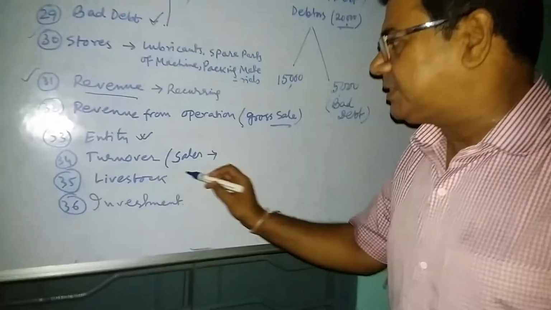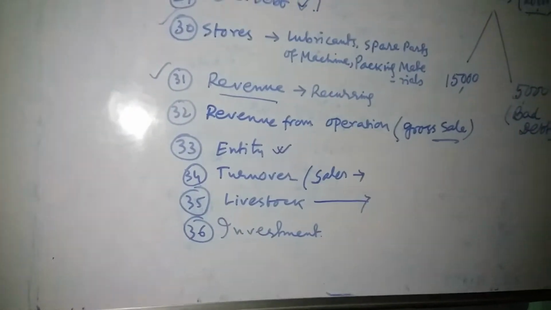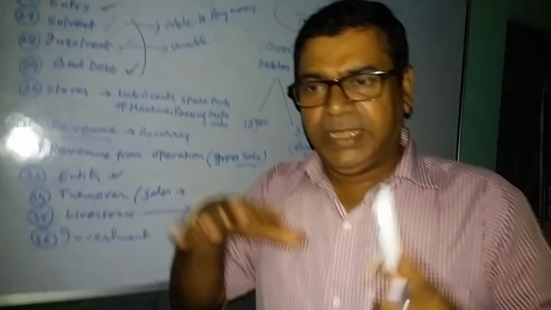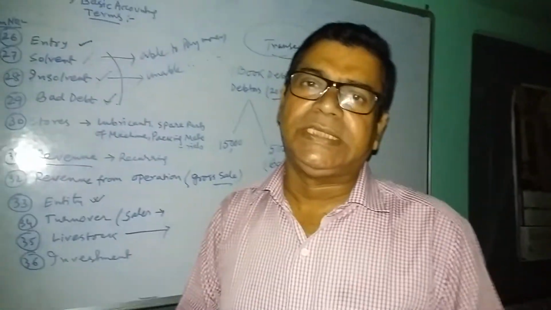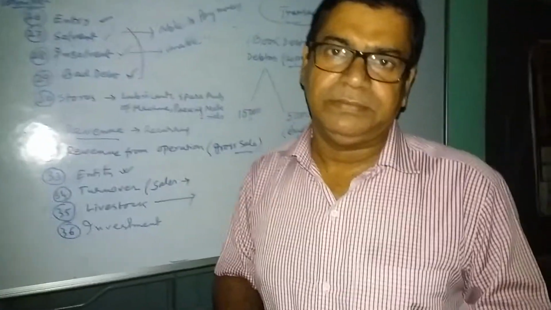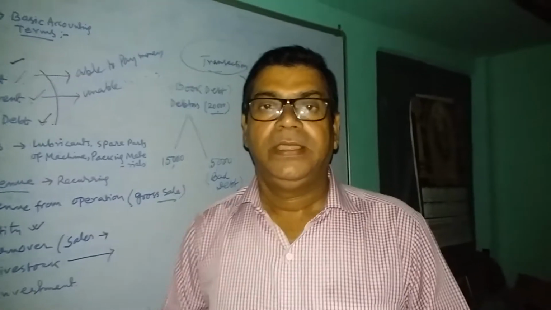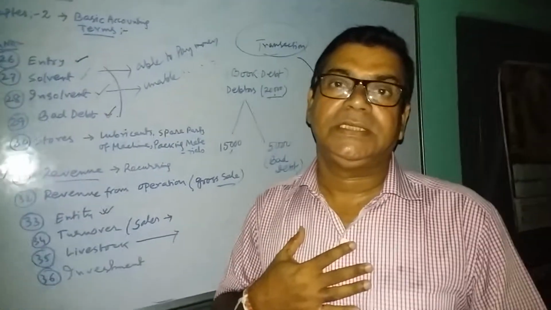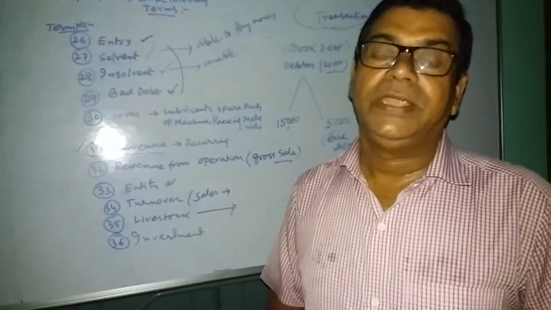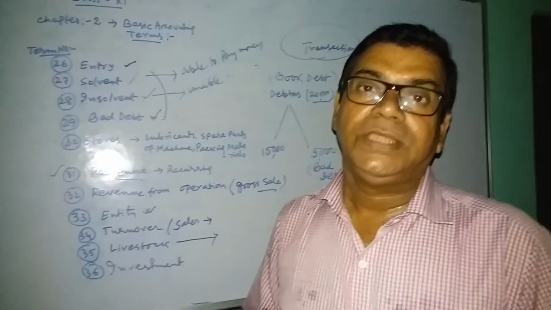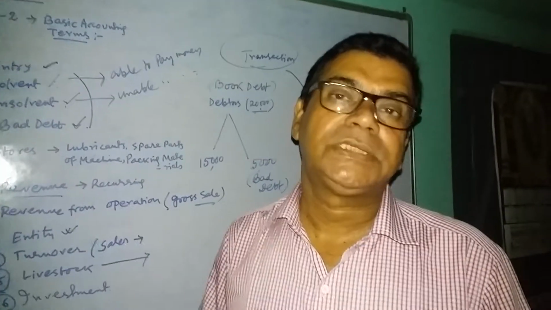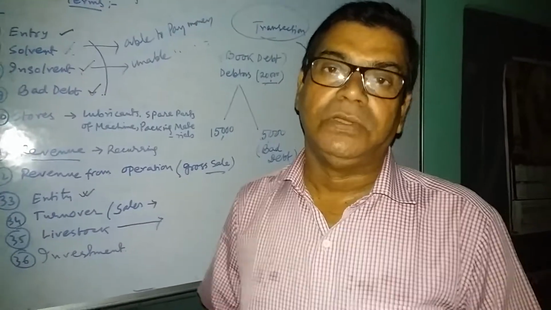लाइव स्टॉक, नेक्स्ट टर्म इसका वेरी इंटरेस्टिंग. In this area Siliguri, we don't see the livestock of any businessman. But if our business is in the area of desert area, there camel is used to carry the goods.